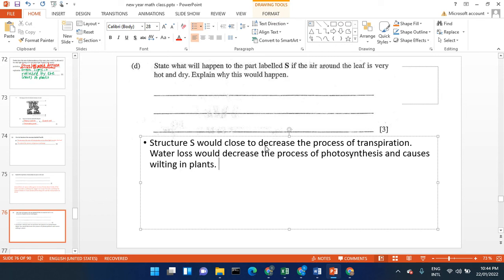Now, this is because water moves from an area of high concentration to an area of low concentration.